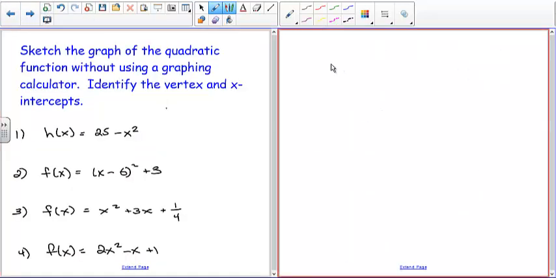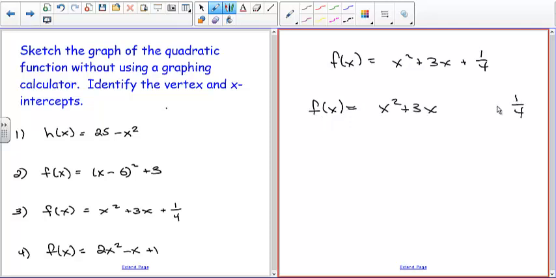Okay, the next one is not in standard form, so we're going to need to do that. So the question is, how do we come up with the standard form? The key thing, this is where completing the square comes into play. So we would take x squared plus 3x and put a quarter over here by itself.